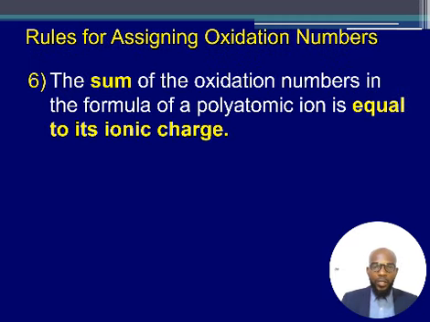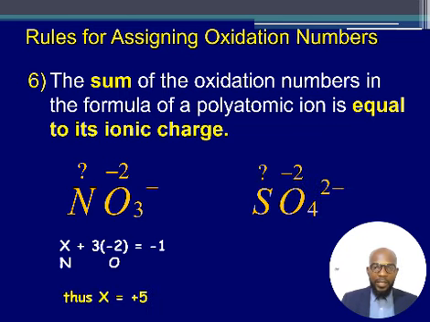The sum of the oxidation numbers in the formula of a polyatomic ion is equal to its ionic charge. If you look at the nitrate ion on the slide, it has a charge of -1. So the total oxidation state must be equal to -1. When you resolve the operation, the oxidation state of nitrogen will be +5 in the nitrate ion.